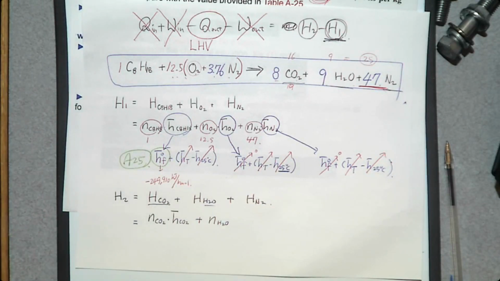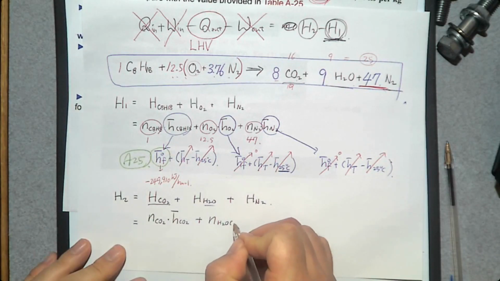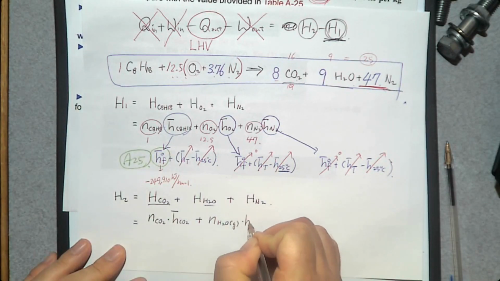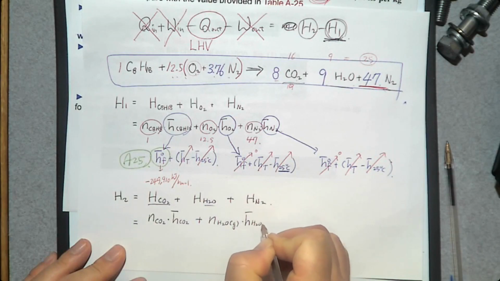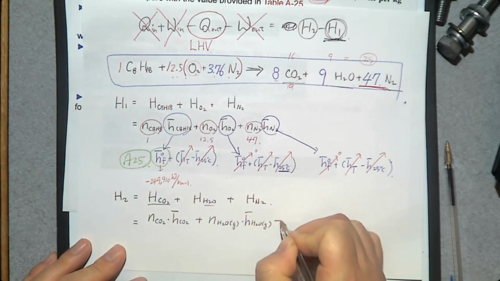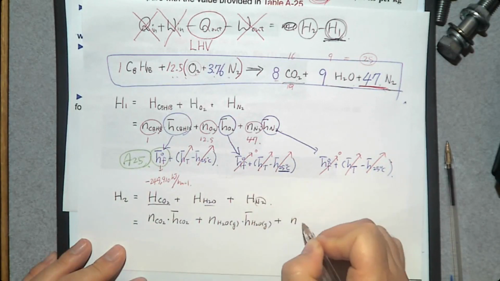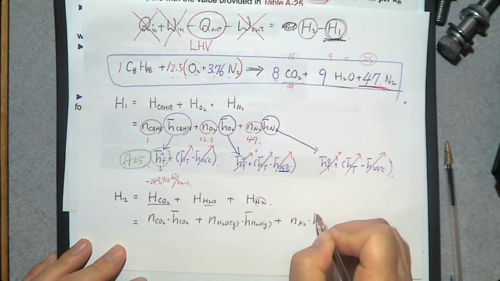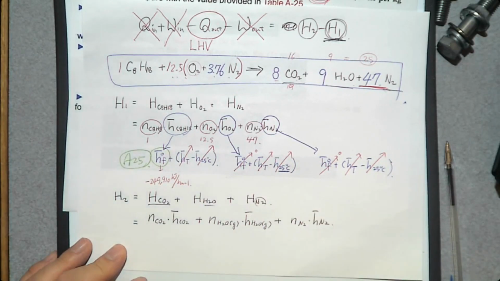It's a lower heating value. If you want to determine higher heating value, liquid water; lower heating value, water vapor. So this one is vapor. Plus N of nitrogen times H bar of nitrogen.